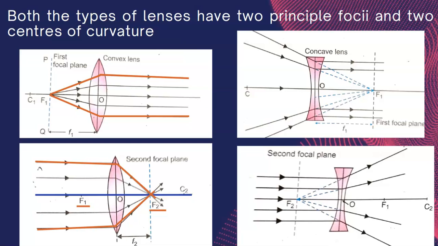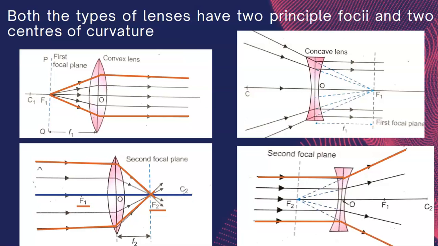If you look into the diagram on the right hand side, bottom, this is a concave lens. If the rays of light are coming from infinity, after undergoing refraction, they will diverge. Concave lens is a diverging lens, so the rays of light are diverging.